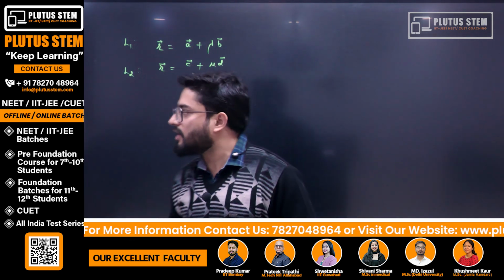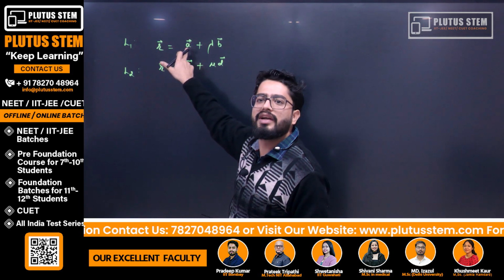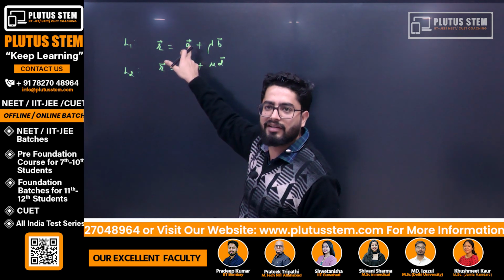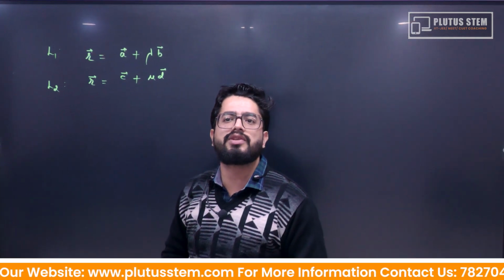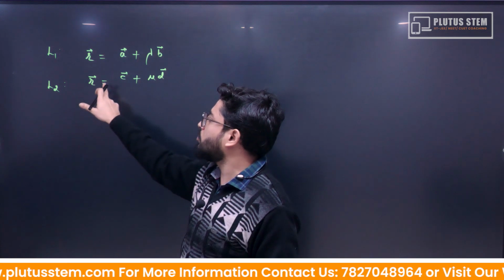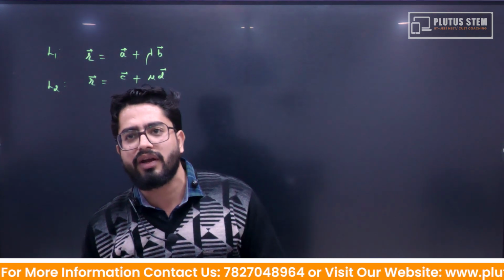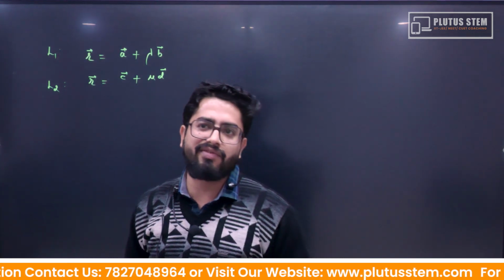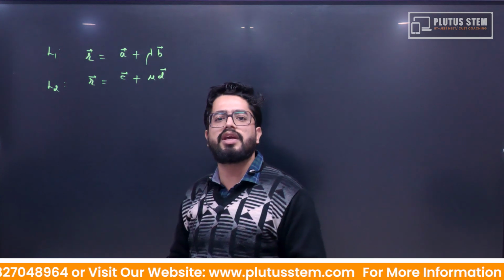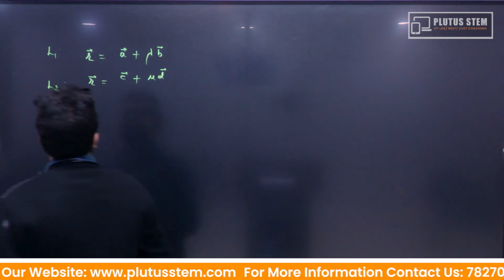L1 passes through the point A whose position vector is A vector and is parallel to the vector B. Similarly, L2 passes through a point whose position vector is C vector and is parallel to the D vector.